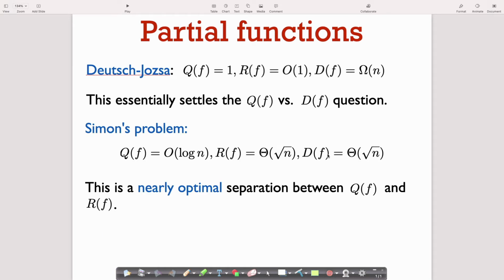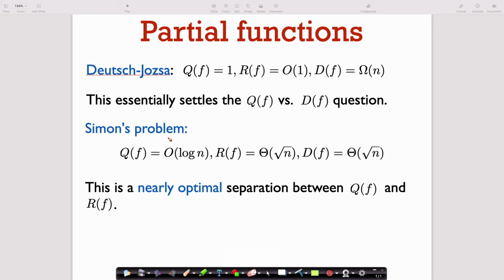So Deutsch-Jozsa we saw, its quantum query complexity is just 1. Randomized, it can be solved with constantly many queries, but deterministically it needs Omega(n) many queries. Okay, so when the size of the input is n, you essentially have to query the entire input. Okay, so this is an optimal separation between deterministic and randomized, and deterministic and quantum query complexity.